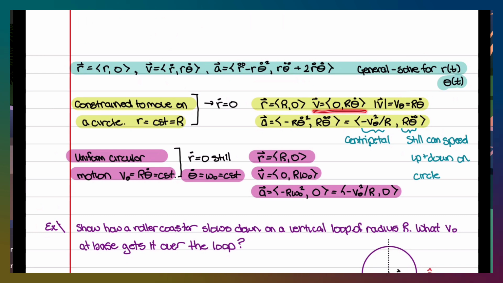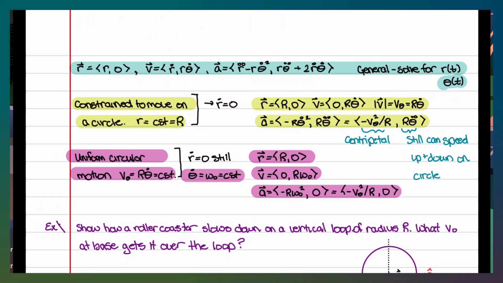The velocity simplifies because this term is gone, and that just becomes capital R theta dot. So then the velocity only has one component, the azimuthal velocity, which is this r theta dot. Not necessarily a constant, because the thing could be speeding up or slowing down.